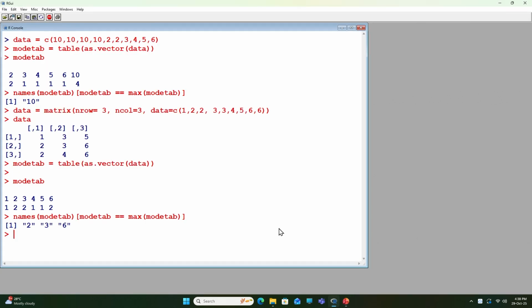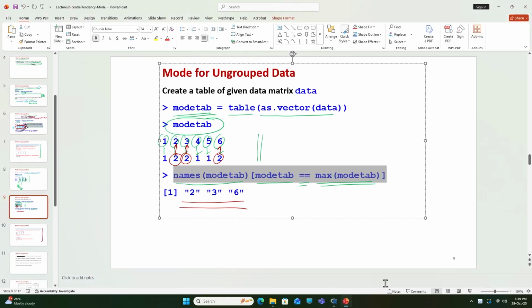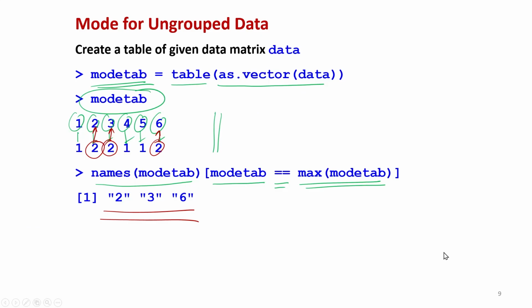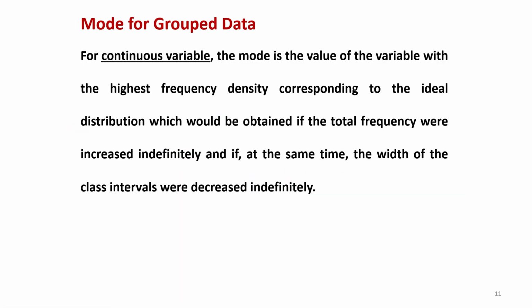So you can see this is the 236. So it is not a very difficult job to compute the mode, although I agree it is not available directly, and it may be possible that after some time somebody may write a program for the mode also.